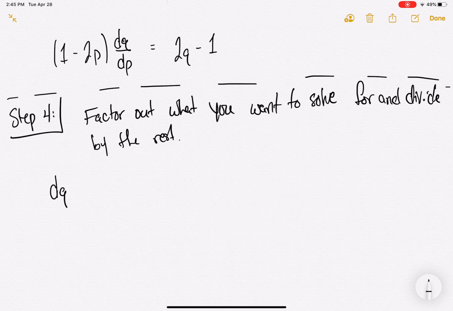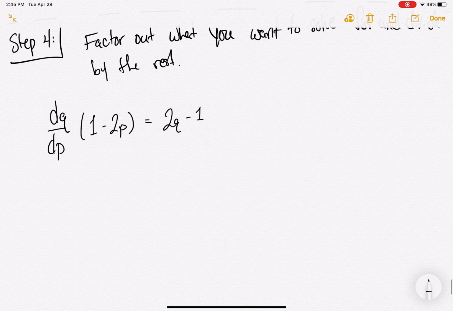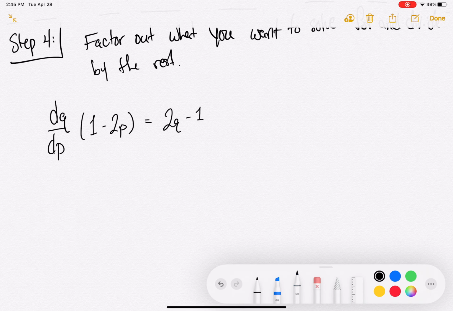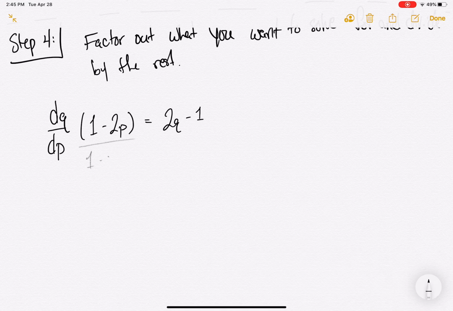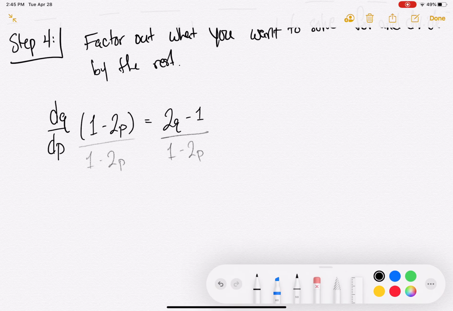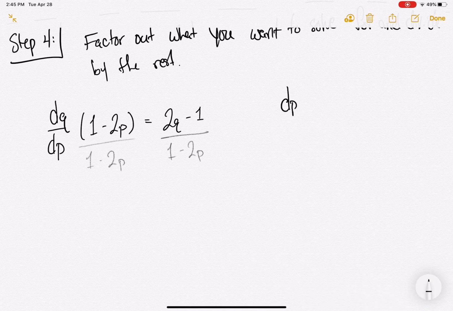I'll just rearrange it so that it looks more like what we normally have: (1 minus 2P) dQ/dP equals 2Q minus 1. Divide by the rest, which in this case is 1 minus 2P. So we end up with dQ/dP equals (2Q minus 1) divided by (1 minus 2P).